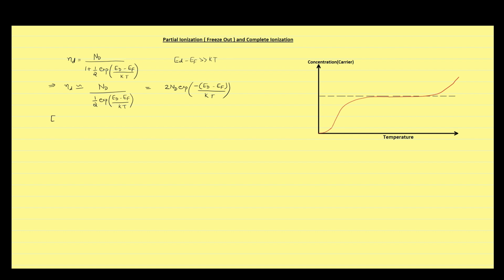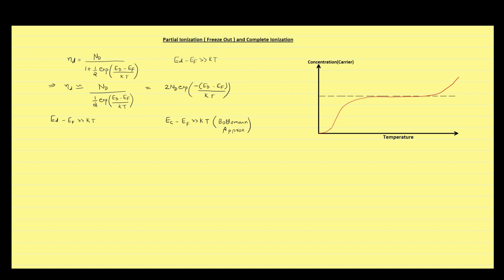And if ED minus EF is significantly greater than kT, then we can also say that EC minus EF will also be significantly greater than kT, which is nothing but the Boltzmann approximation.